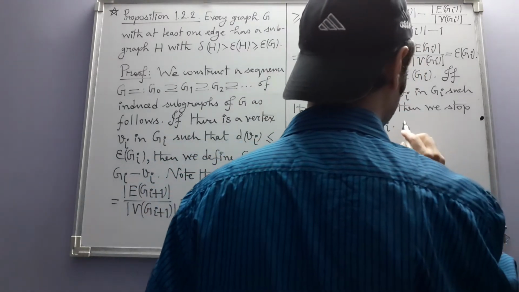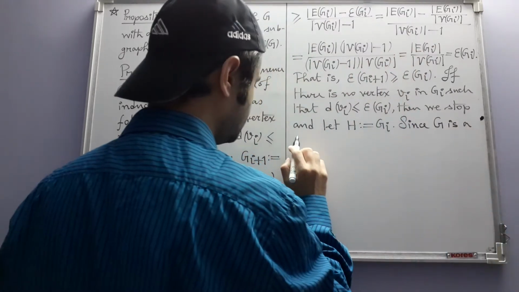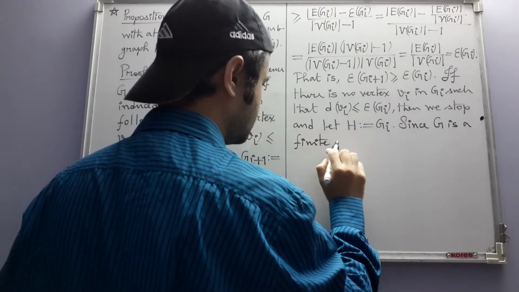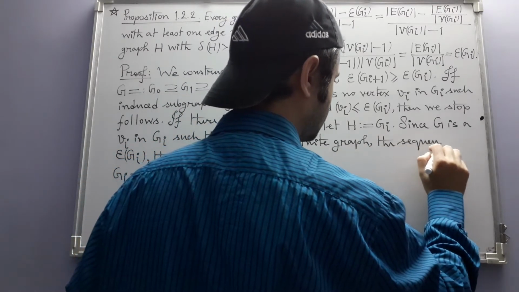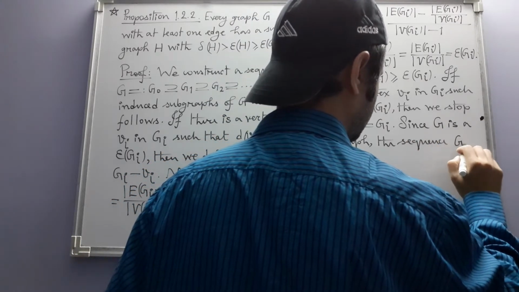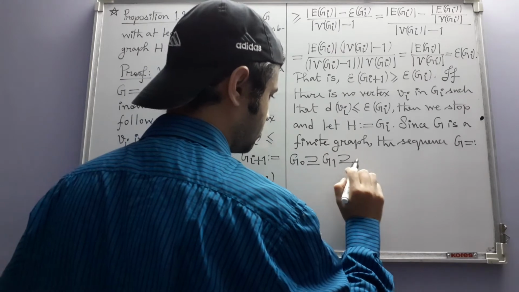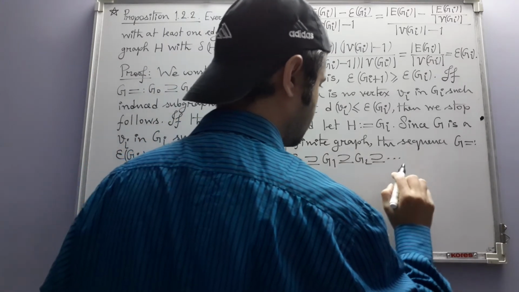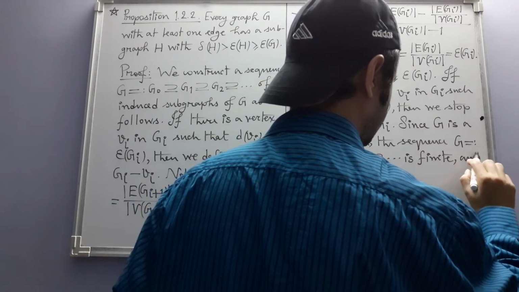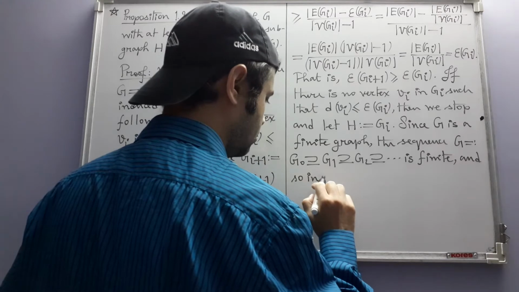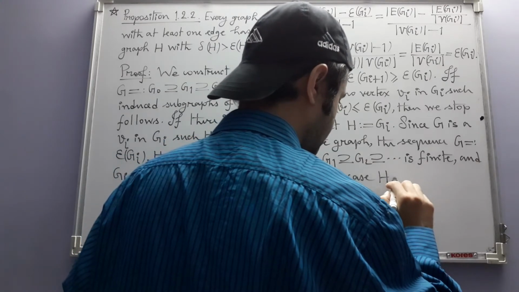So in fact, let's just write that since G is a finite graph, the sequence is finite, and so in any case H exists.